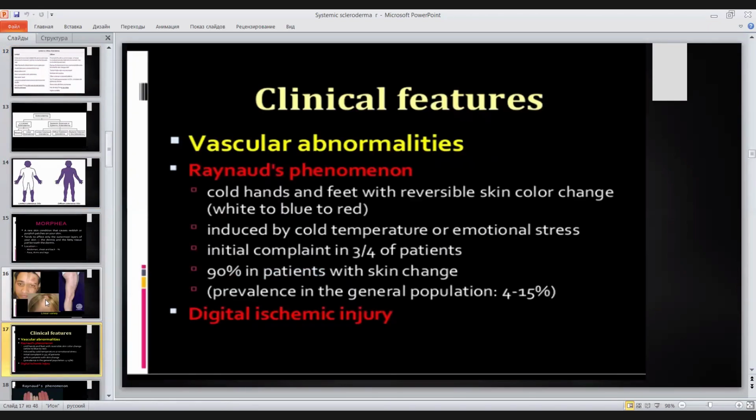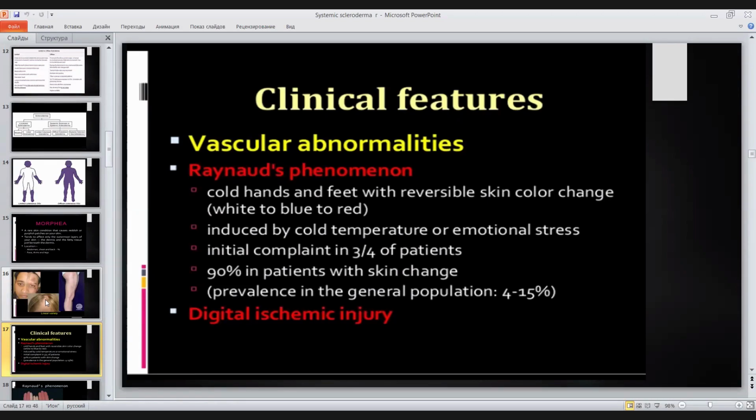First, we will discuss Raynaud's phenomenon. What is Raynaud's phenomenon? I already said a little bit about Raynaud's phenomenon when we discussed SLE and dermatomyositis. If you remember, students, Raynaud's phenomenon is rapid vasoconstriction of small vessels and might be triggered by stress and cold, mainly stress and cold.